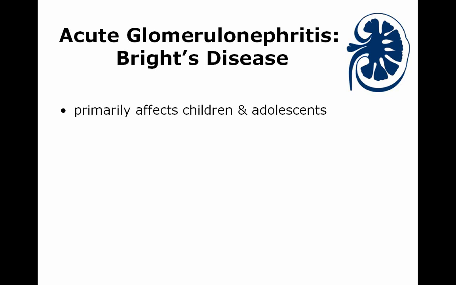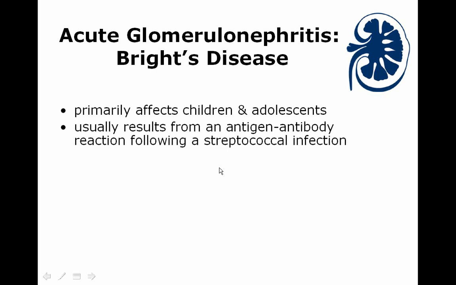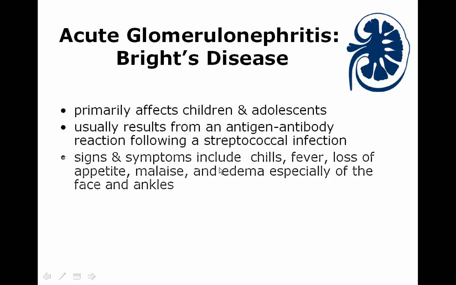When a person has acute glomerulonephritis, it's acute, it's very severe, it's got a very sudden onset, and it's usually short-lived. Acute glomerulonephritis is also called Bright's disease, and there's a form in which this inflammation of the glomeruli follows an infection with the group A beta hemolytic streptococcus.